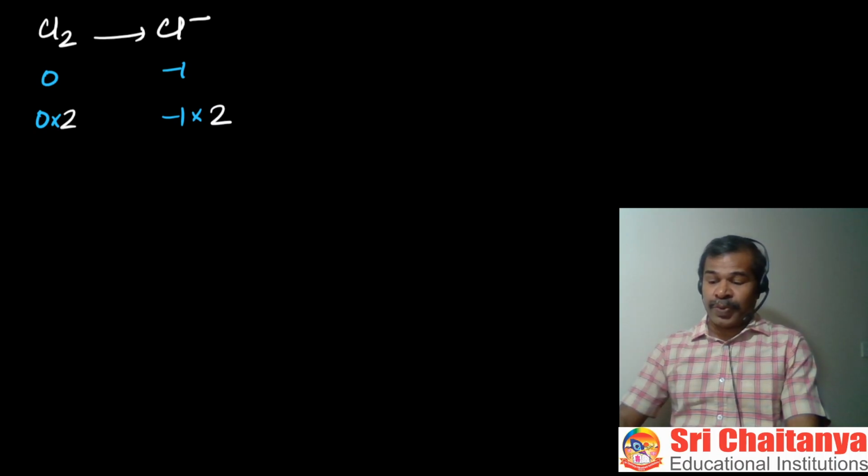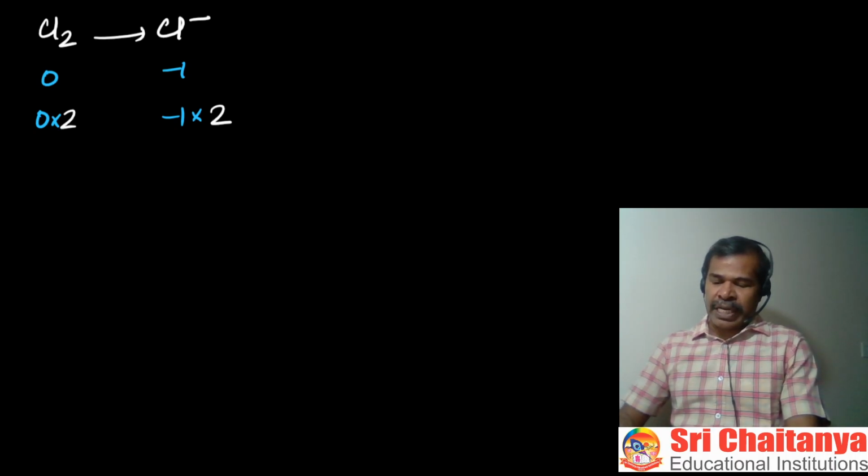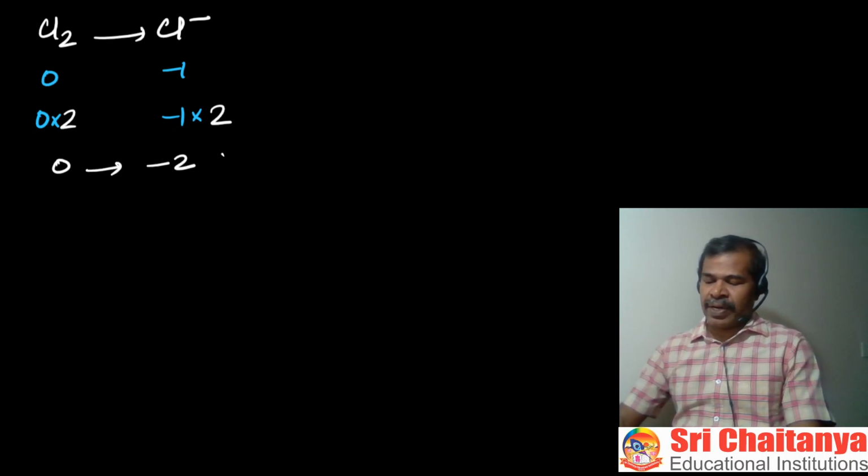So if you take that way, the 0 into, I have to take 2 atoms because there are 2 chlorines. And on the right side, -1 into, I have to take 2 because the reactant has 2 chlorines. I have to take that many chlorine atoms on the right also. So net is 0 to -2. So the valency factor is 2 for it.